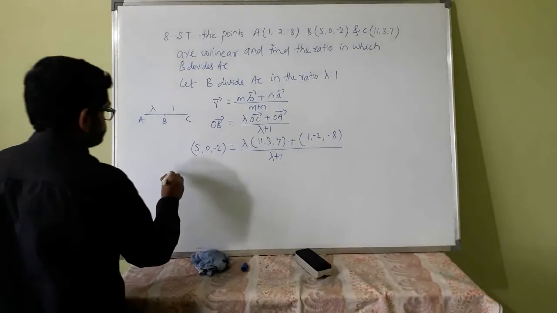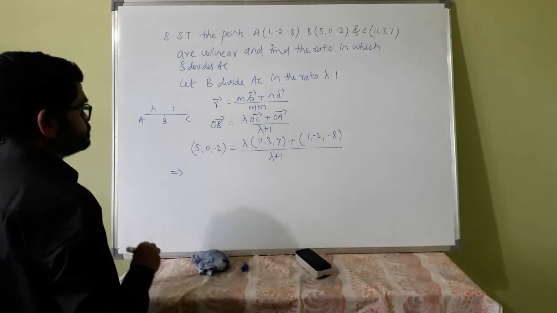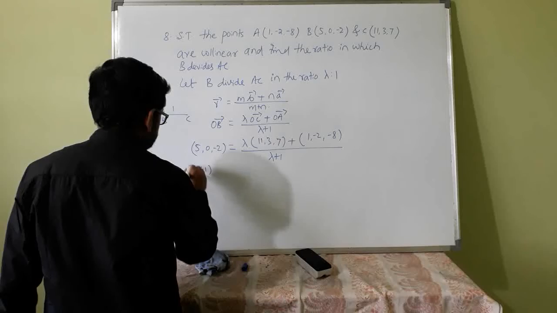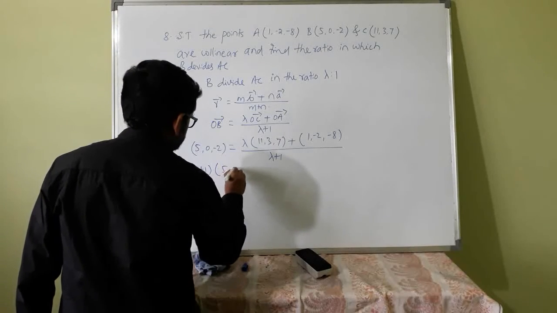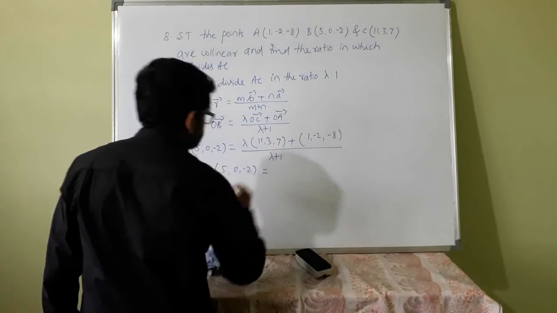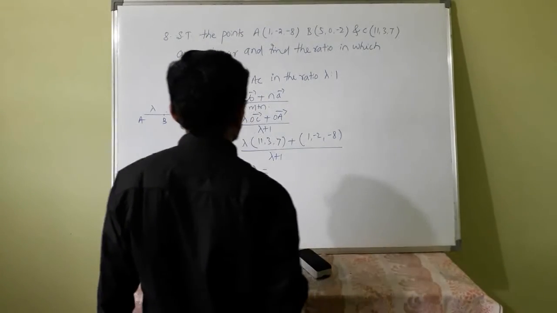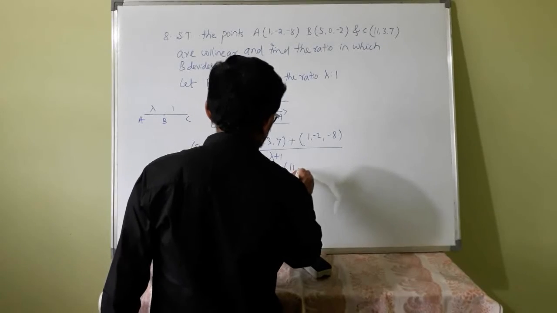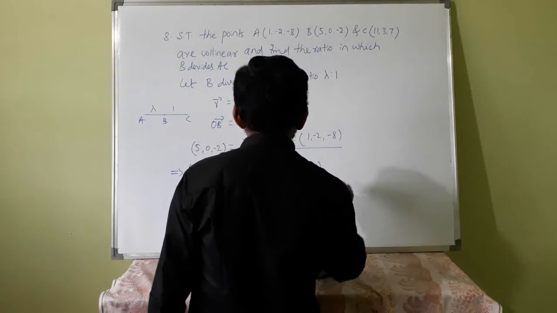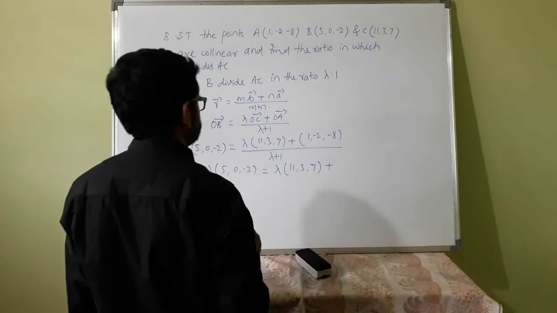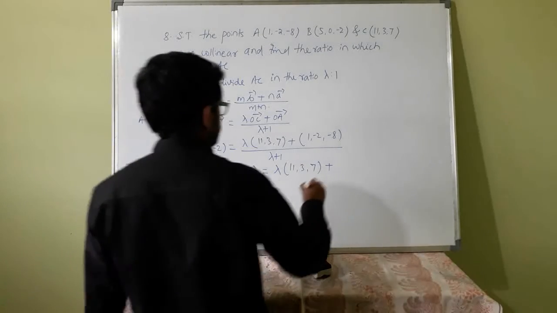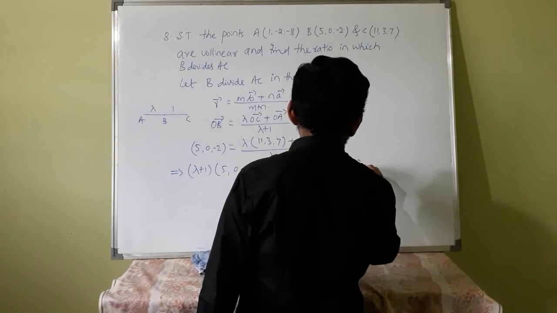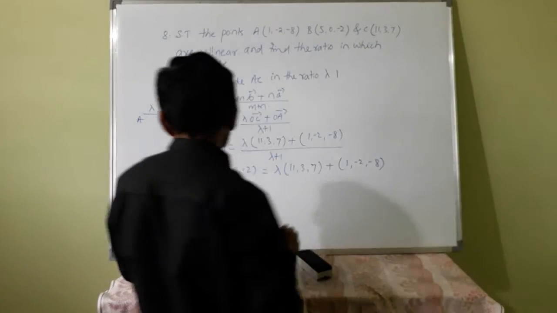This implies lambda plus 1 into 5, 0, minus 2 is equal to lambda 11, 3, 7 plus 1, minus 2 and minus 8, isn't it?